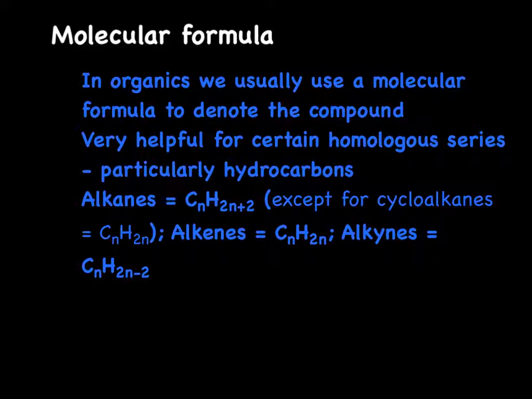In alkenes, in other words, if we have a single pi bond put in there as well, so a double bond between 2 carbon atoms, we see that the number of hydrogens decreases, and then it becomes double the number of carbon atoms in the molecule. And finally, if we had a triple bond or an extra pi bond, we actually find that the number of hydrogens decreases further again.